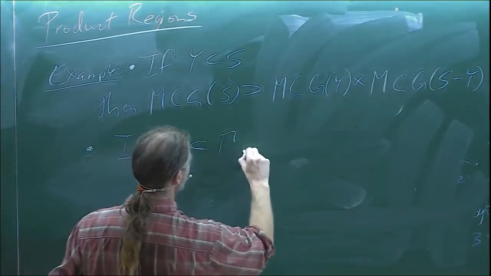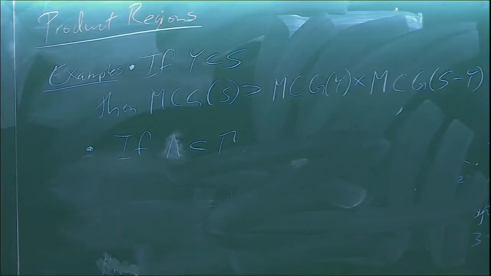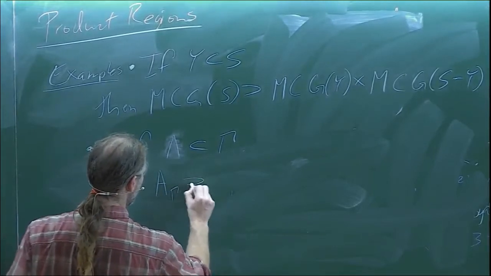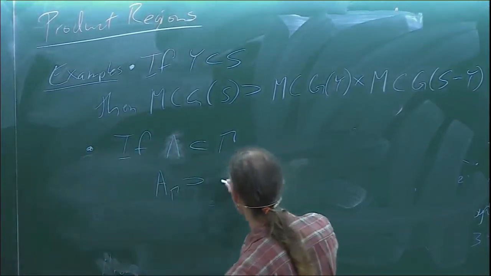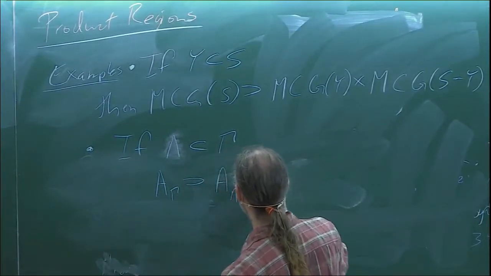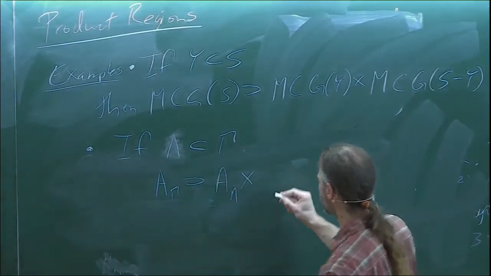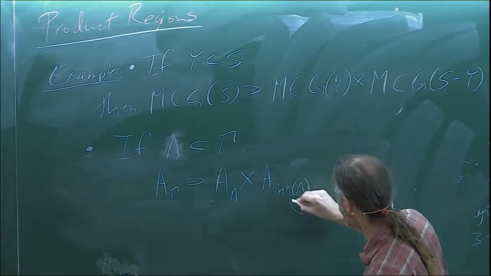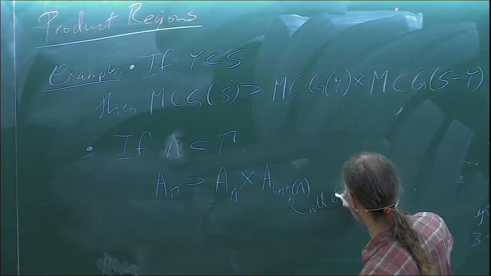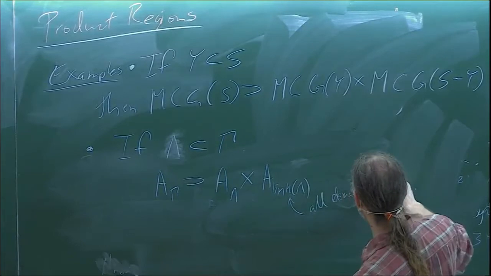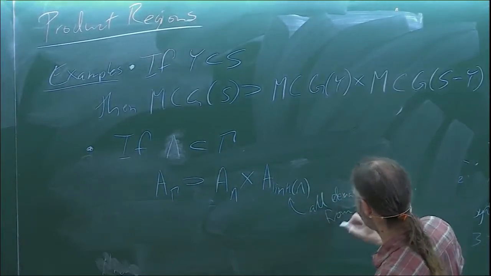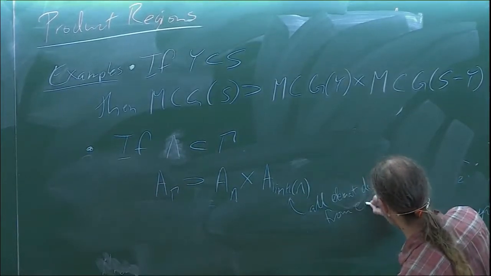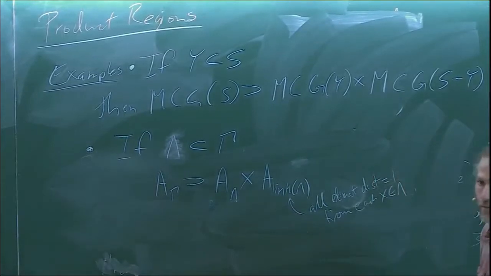If lambda is contained in gamma, so if you have some subgraph of gamma, then the Artin group on gamma contains a copy of A sub lambda cross A sub link of lambda, where the link consists of all the elements at distance 1 from each x in lambda. Okay, so it's just the link.